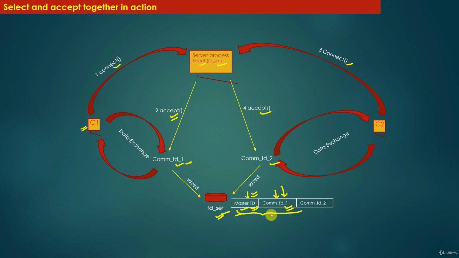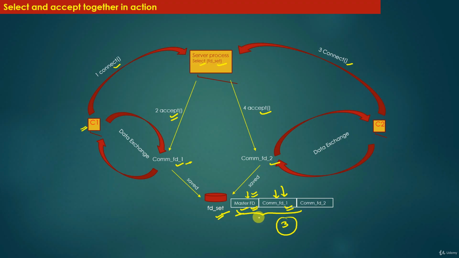And again, our server process goes back and invokes the select system call on the updated FD-set data structure. Now at this point of time, our server process is monitoring three file descriptors: the master socket file descriptor and the two communication file descriptors.